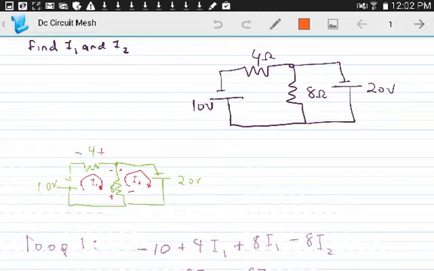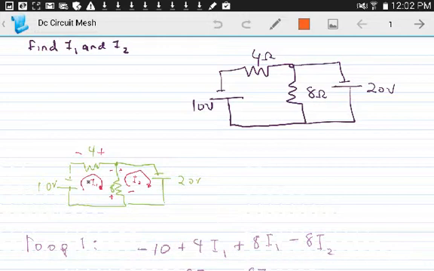With the mesh, first you assign directions or polarity for your current. I chose to assign the current entering negative and leaving positive. Whatever you assign doesn't matter, but you have to be consistent with both loops.